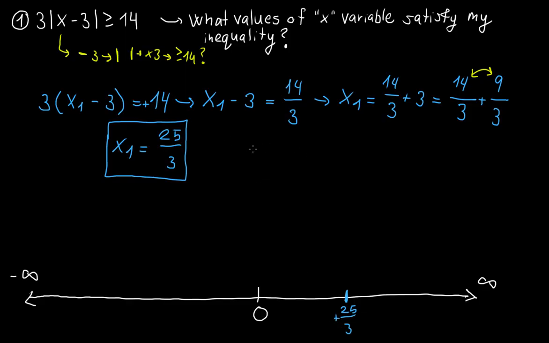Let's solve the other side of the absolute value inequality. So we're solving the problem where we get the negative result, when it becomes minus 14.